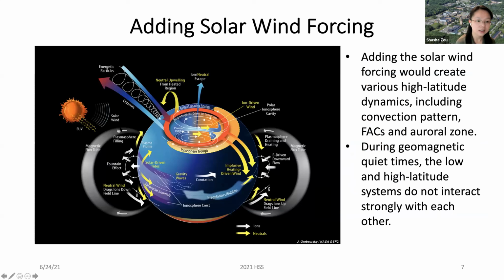The solar wind will interact with the magnetosphere and then generate a lot of dynamics in the magnetosphere. The magnetosphere will then send currents into the high latitude regions and start to drive the convections in the high latitude region and create the aurora zone. So all of the dynamics happening in the high latitude region are because we have the solar wind as the additional energy, and the solar wind interacts with the magnetosphere.